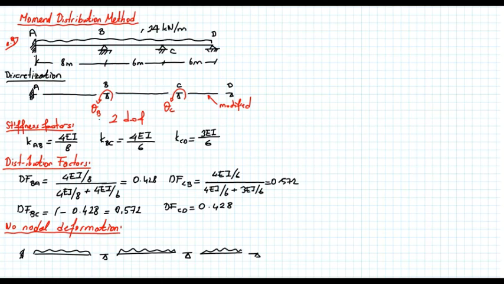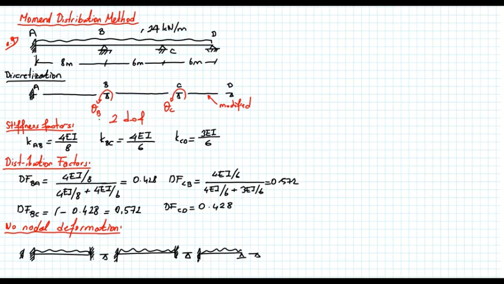So no rotation here. Theta B is equal to 0, so I'm just showing a fixed end here. Theta B is equal to 0, fixed. Theta C is also equal to 0, fixed. And the far end is free to rotate. So that's the picture, and I have to calculate the end moments for this picture now.